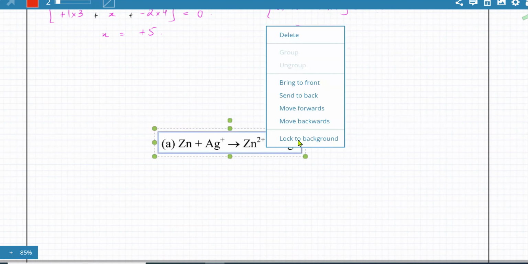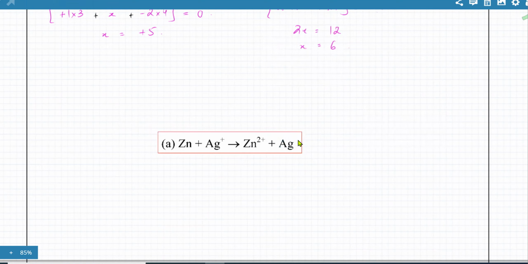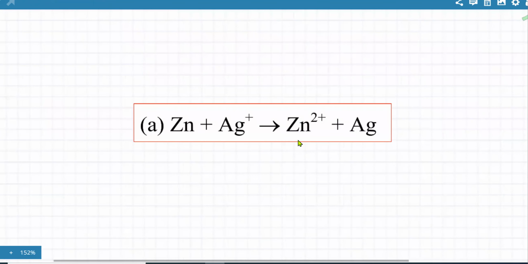Let's talk about this one. Can you tell me which of the elements is getting oxidized? Zinc. Okay, so it's obviously zinc that's getting oxidized because the charge is increasing. It's going from 0 to plus 2, so that means it lost 2 electrons, right?